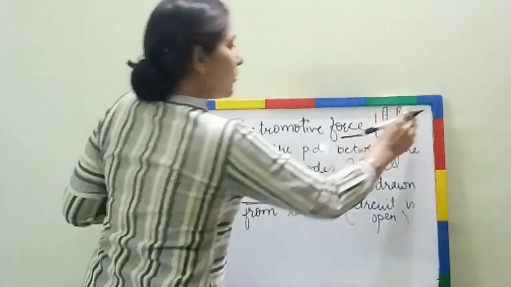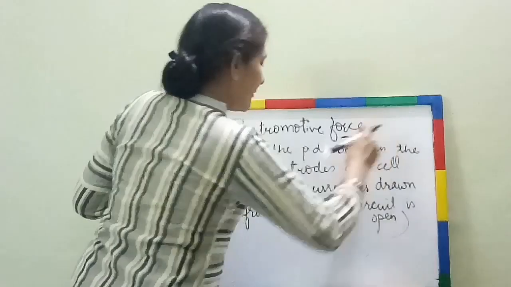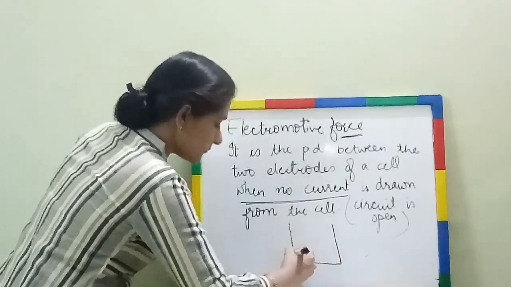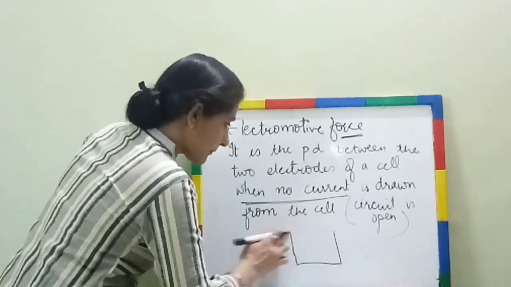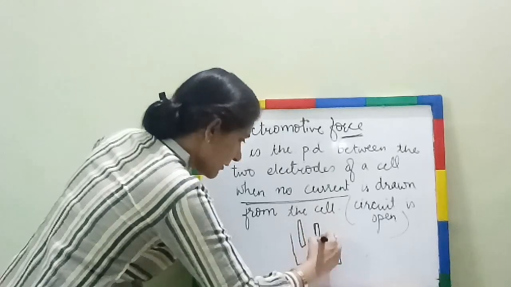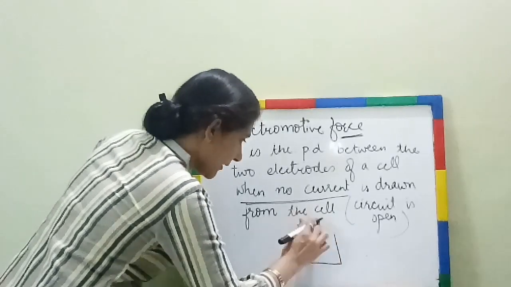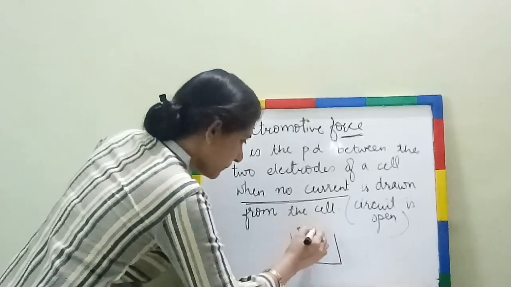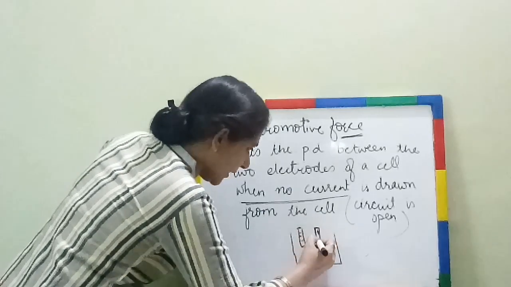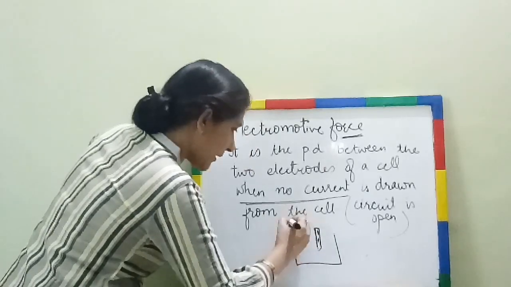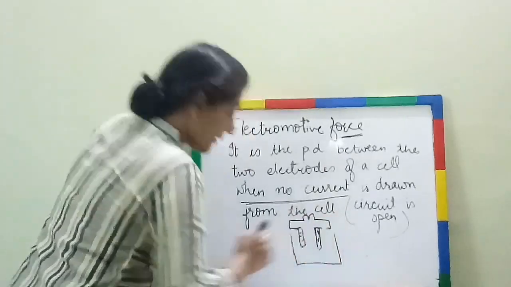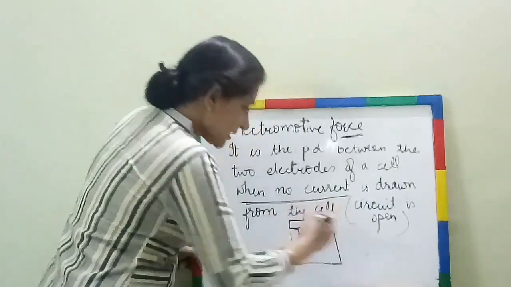If I am talking about the diagram of the cell, I had drawn this diagram of the cell there. These are the two electrodes. This is one, this is another. And I told you on one side negative charge is deposited, on the other positive charge is deposited. If I connect it this way with the component, the charge will start flowing.